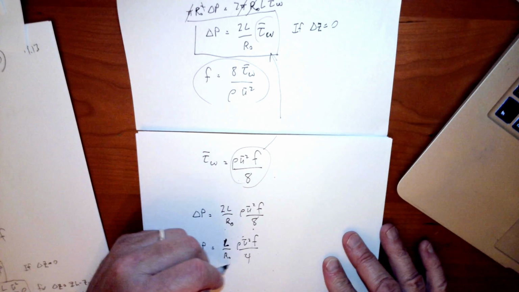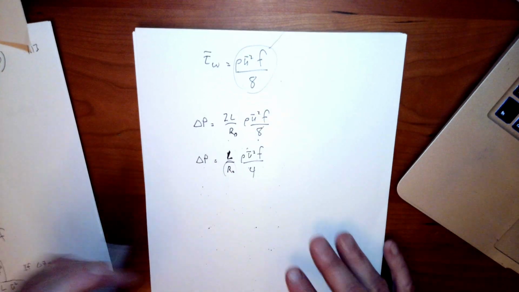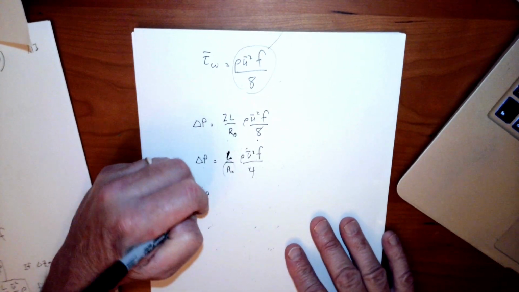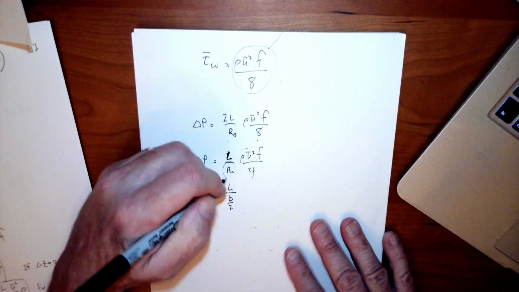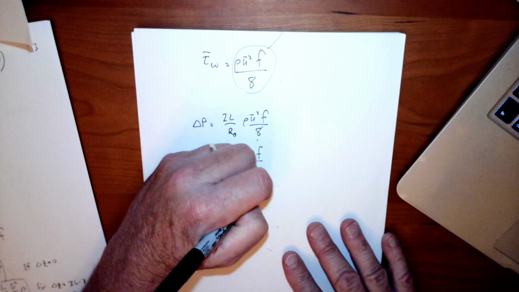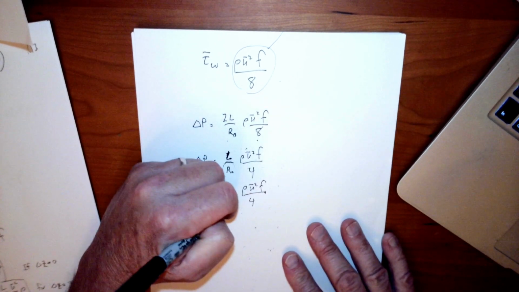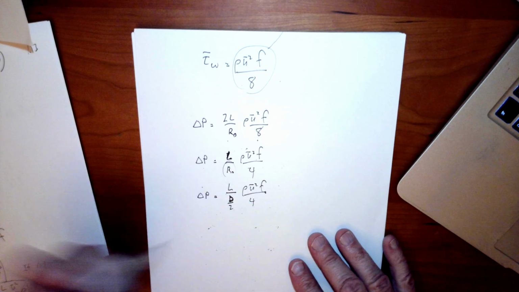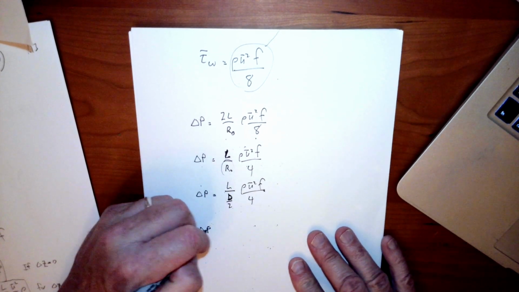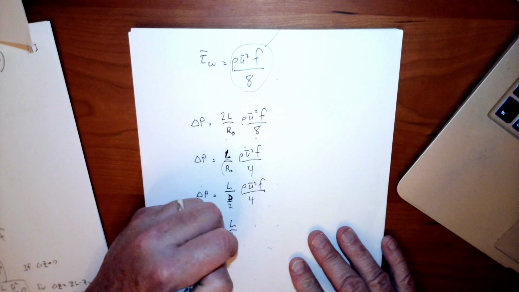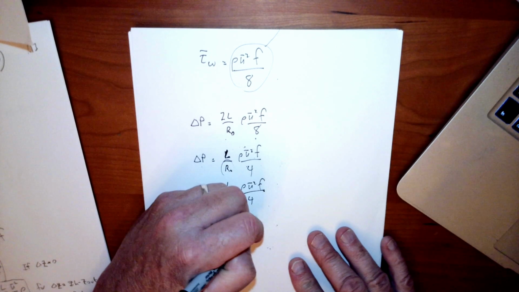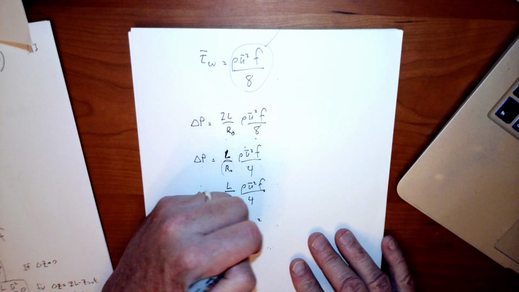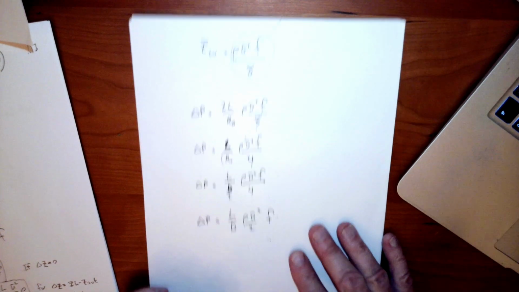But I also don't want to leave R. This relationship is almost always done in terms of D instead of in terms of R. So I'm going to replace that. So I have L, and this is D over 2, times rho U squared F over 4. And so there's my D, and then of course 1/2 times 1/4 is 1/8, so 2 over 8 gives 1/2. So my final relationship for pressure drop in a pipe in terms of the friction factor is L over D, rho average velocity squared over 2 times F.